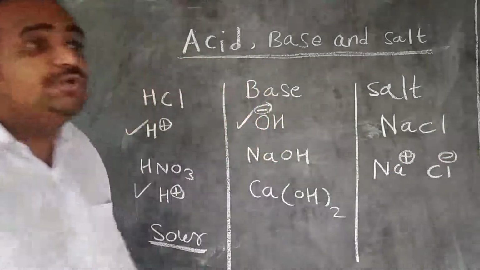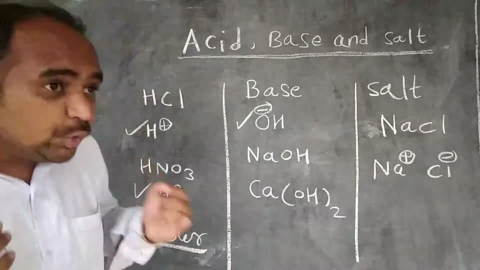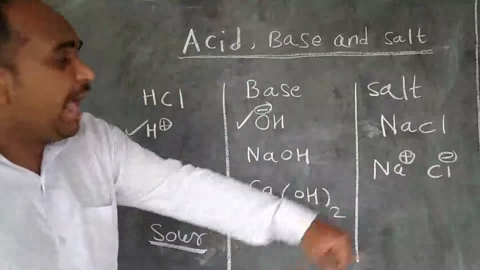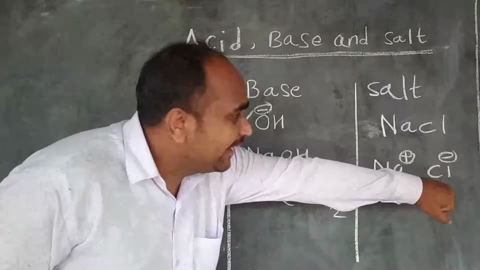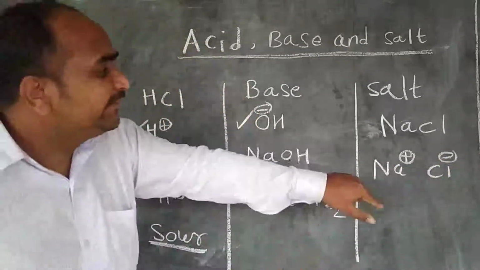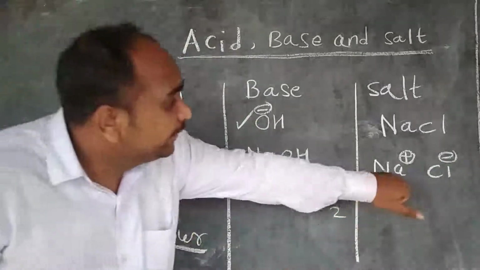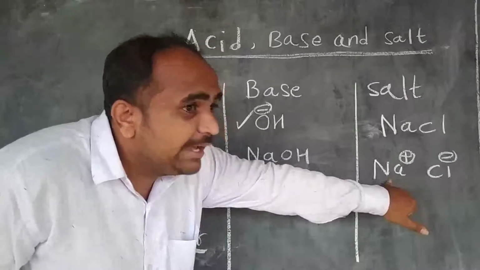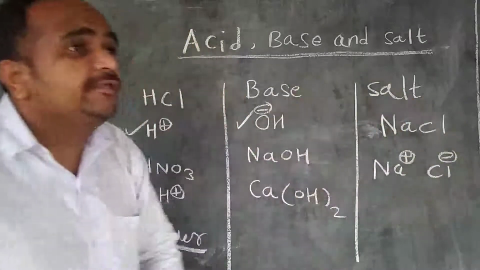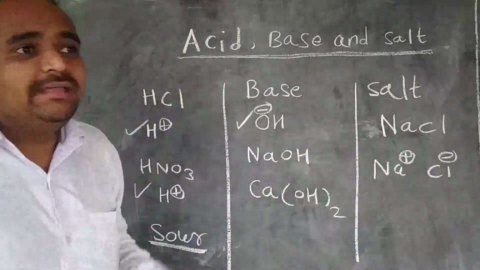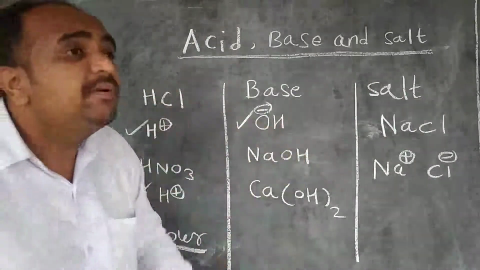So salt contains 2 ions, 1 positively charged ion and 1 negatively charged ion. If salt is broken down, a positively charged ion and a negatively charged ion are formed. Sodium chloride is one example of salt.